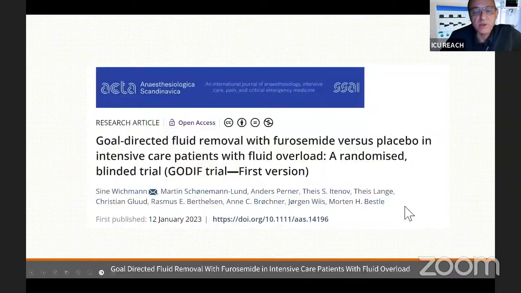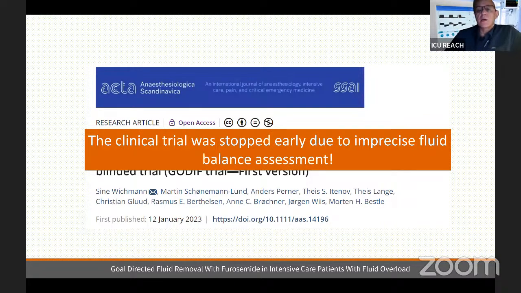The GODEF trial, actually, unfortunately, it was well designed. However, it had to be stopped early because of imprecise fluid balance assessment. In the first version of the study, they designed the study in a way that they look at the fluid balance over the days to decide whether you're going to give patient diuresis or not, or to randomize patients, whether the patient goes into the diuresis arm versus the control arm.